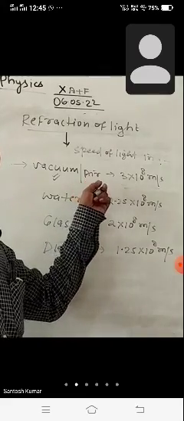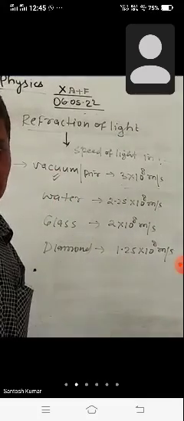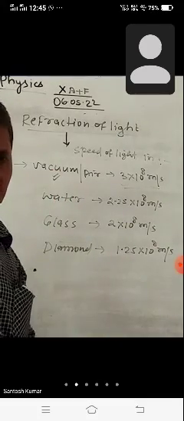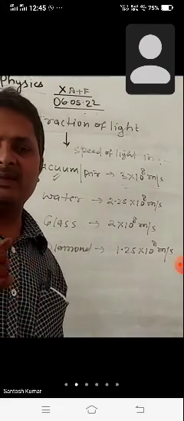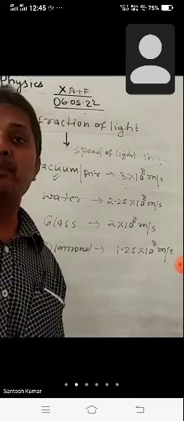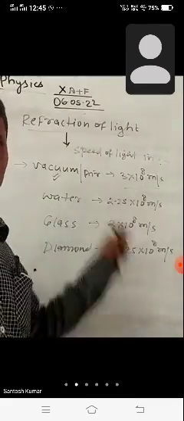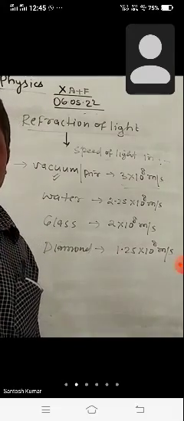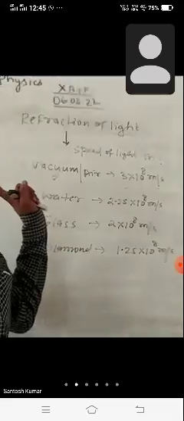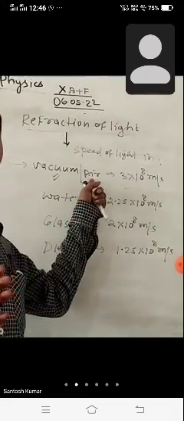And whenever you are asked where light travels fastest, that is vacuum, and vacuum is not any medium. So take care. My question once again: in which medium does light travel fastest? That will be air. Whenever you are asked in a medium, that is air.